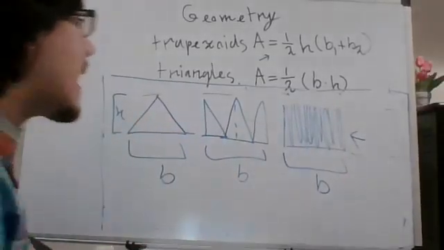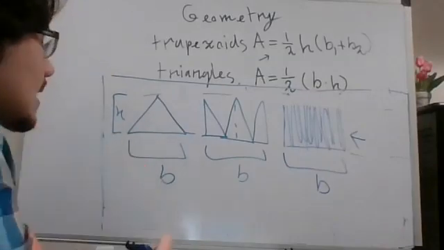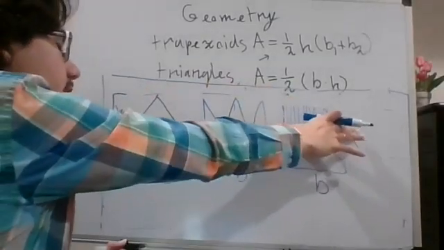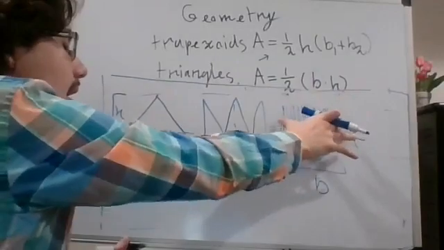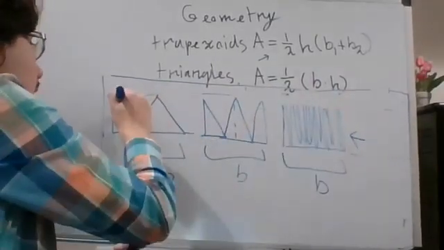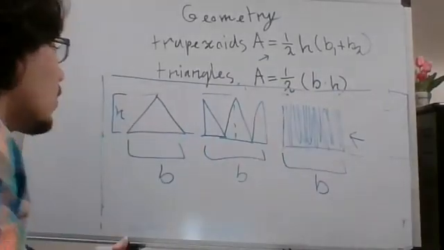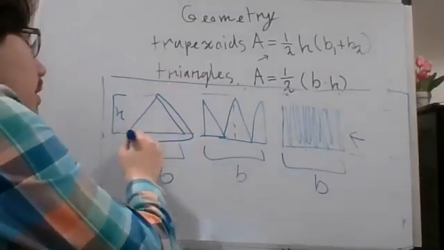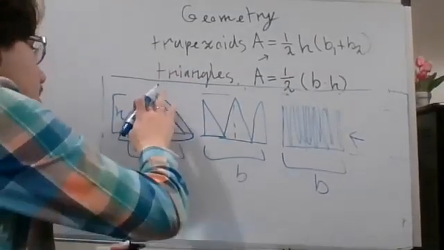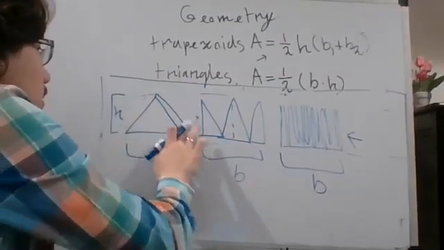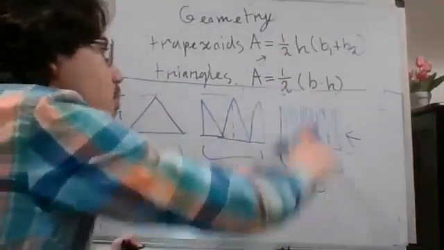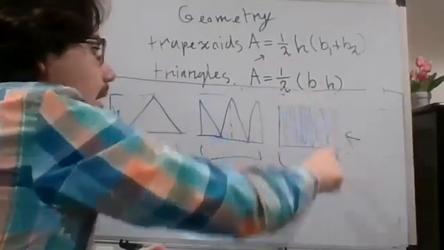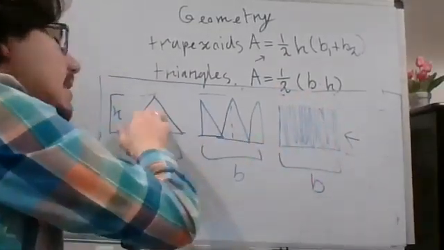But what we can see is that because there are so many more shapes in this than in this, and it has so many more sides, the perimeter, which describes how long it is when you move around the object, is a lot more in all of these shapes than here.